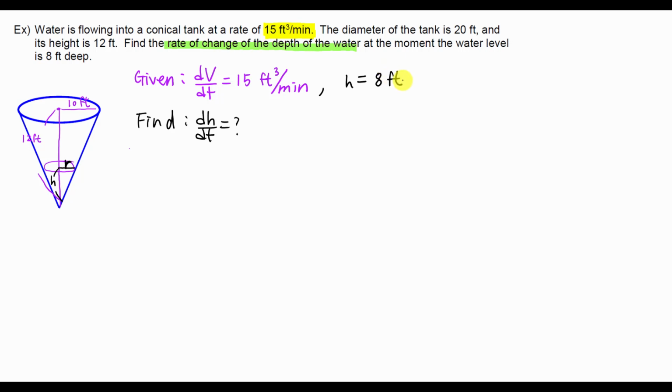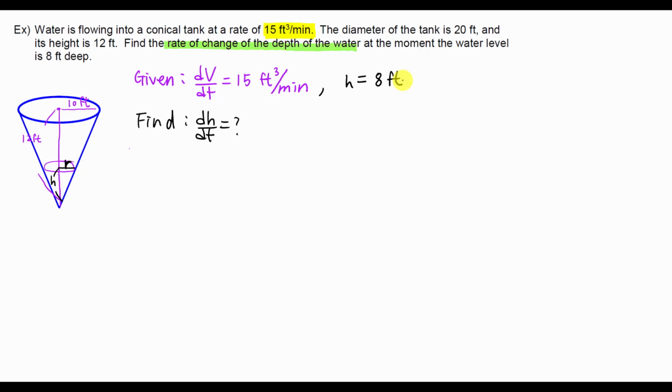Now, I need to come up with an equation that has to do with the volume of water, the radius of water and the height of water, so that we can use the given quantity dV/dt and find dh/dt when h is equal to 8 feet.